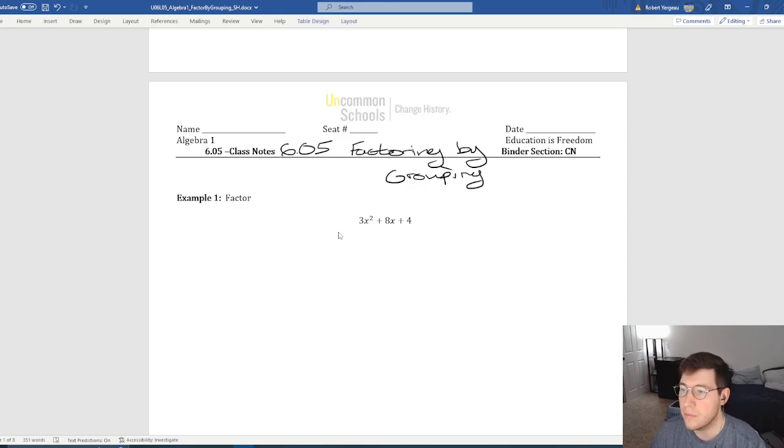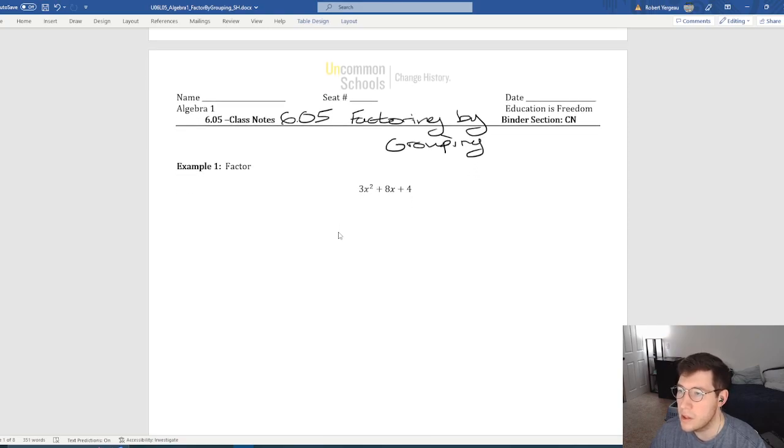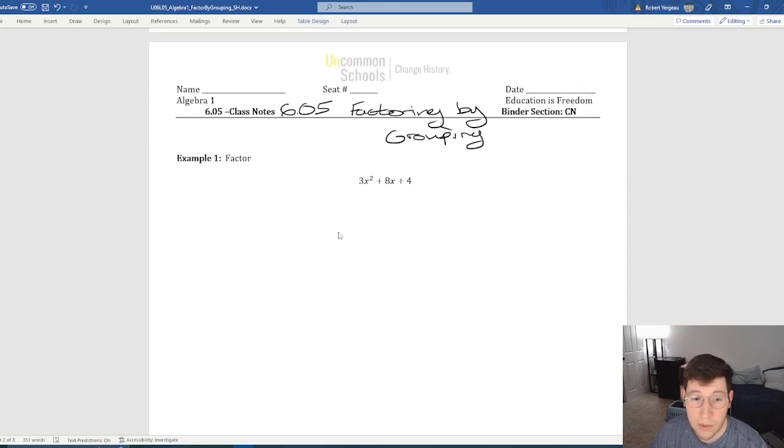So if I'm looking at example 1, we need to factor 3x squared plus 8x plus 4. That's example 1. The glaring thing that's different here from everything we did yesterday and even what was on the do now is my a value is no longer 1. And so I'm going to start by doing the same thing. A equals 3, b equals 8, c equals 4.